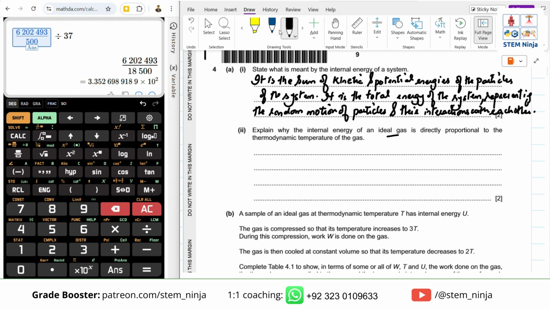Okay, explain why the internal energy of an ideal gas is directly proportional to its thermodynamic temperature of the gas. So 2 points we can say. We just saw those 2 points over here.